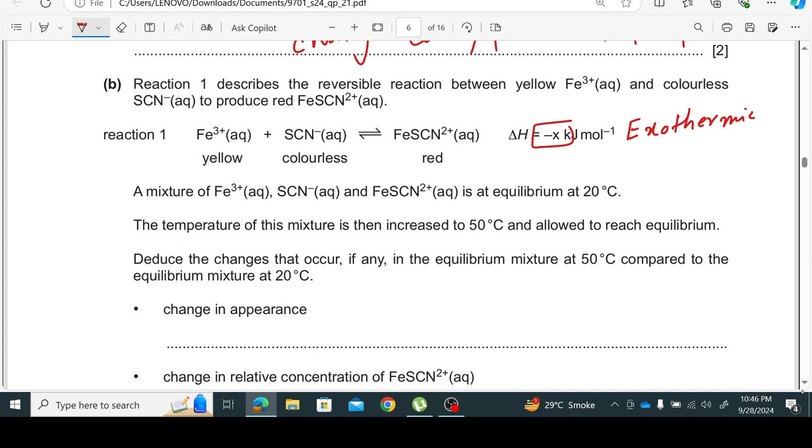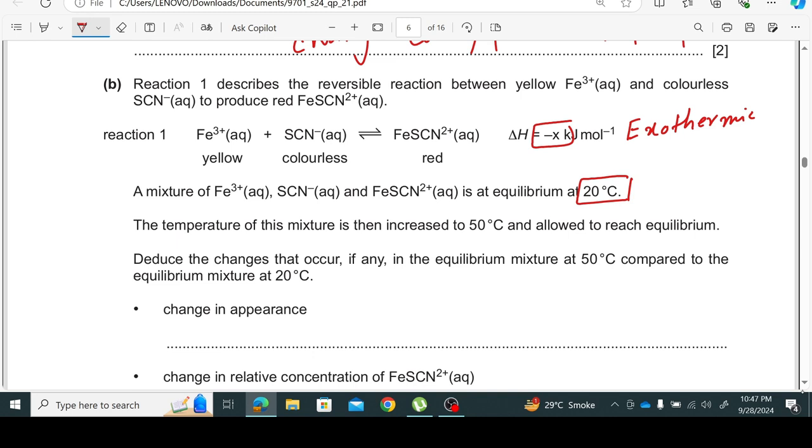A mixture of Fe3+ and SCN- is at equilibrium at 20 degrees. The temperature of the mixture is then increased to 50 and allowed to reach equilibrium. Deduce the change that occurs, if any.